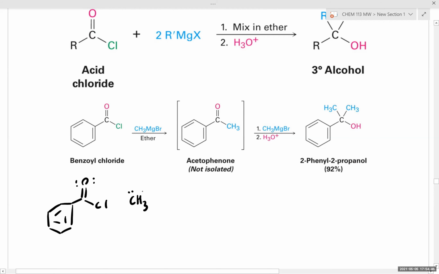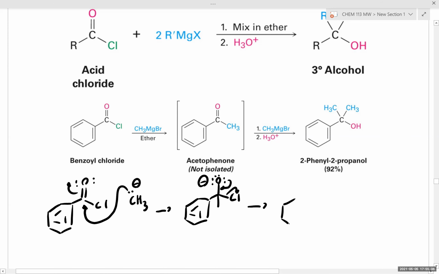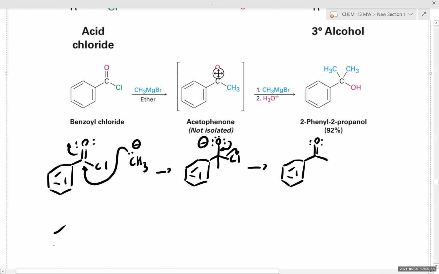I'm going to draw it as a carbon-centered anion, which will attack our electrophilic carbonyl carbon. From here, we get a tetrahedral intermediate. And this time we do have a reasonably competent leaving group, so we'll kick out chloride. From here, although we generate a ketone, this ketone is not isolable.